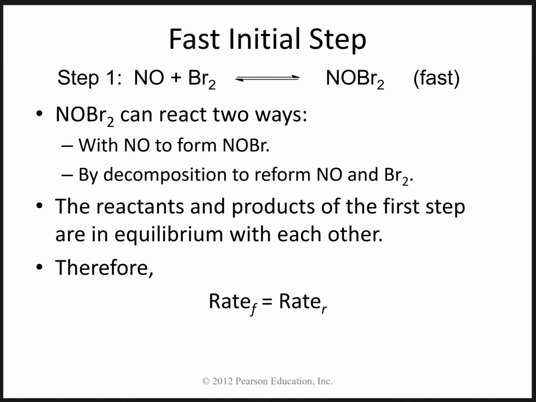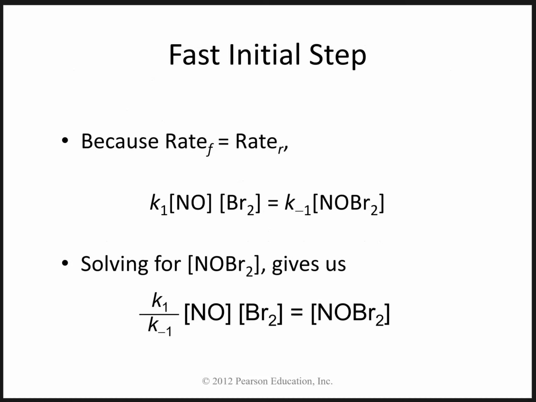We also know that this step achieves equilibrium, therefore we can say that the rate of the forward reaction and the rate of the reverse reaction are equal to each other. So we can use the reactants in that first equation to write the rate of the forward direction, that is k1 times NO times Br2, which must be equal to the rate constant of the reverse reaction, that is k minus 1, times NOBr2.